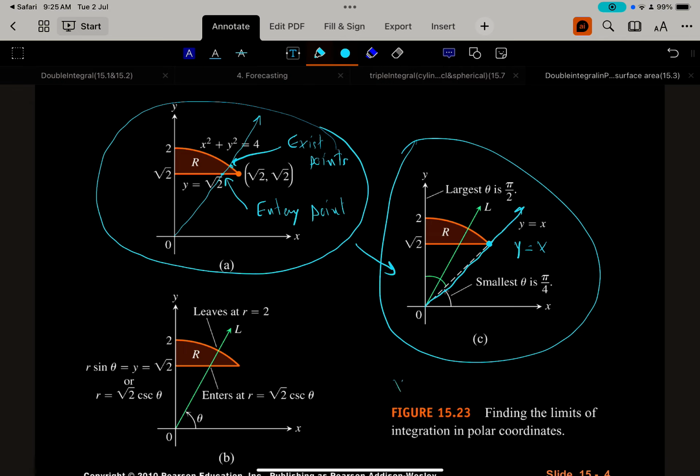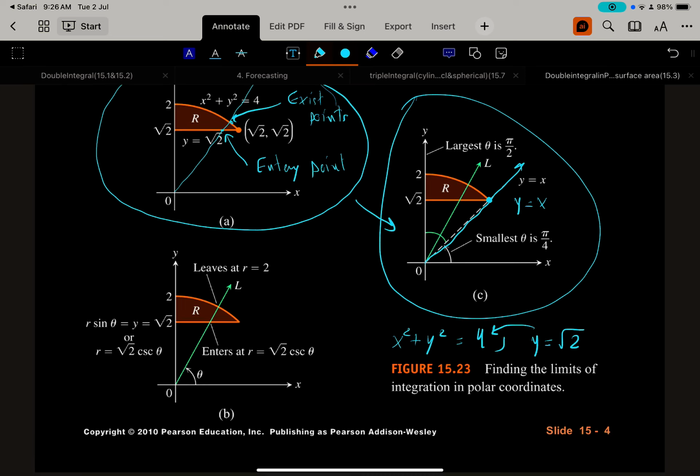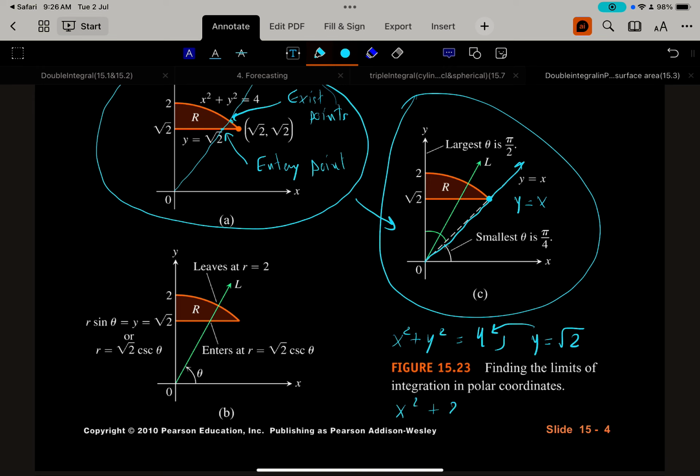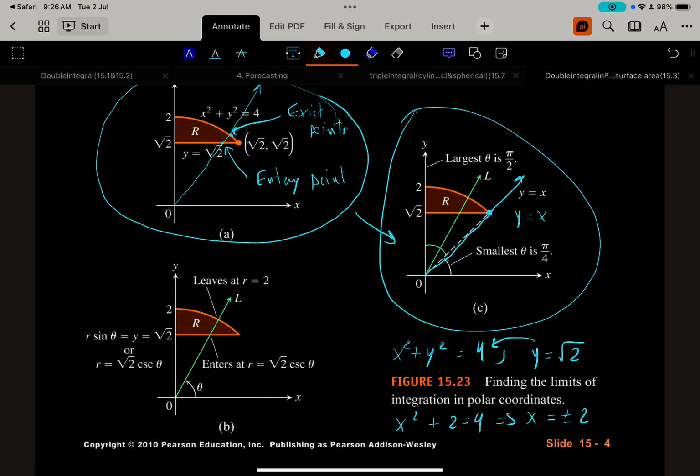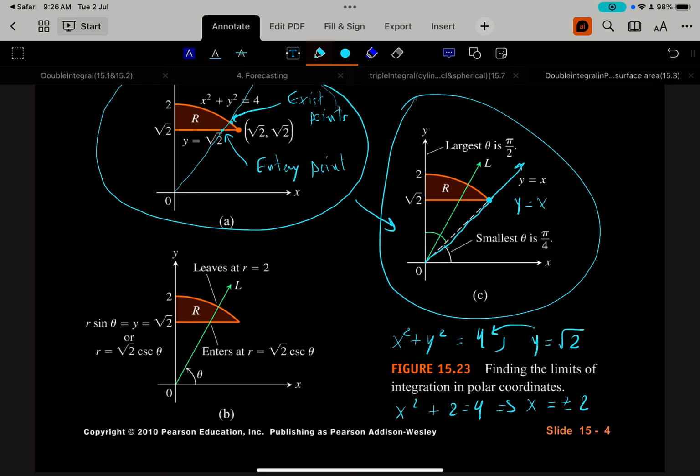If you're not sure why, x squared plus y squared equals 4, and then we do have also y equals root 2, and when we substitute y equals root 2, we're gonna get x squared plus 2 equals 4, so x equals plus minus root 2. So there are 2 intersections, and that's why we get here the point root 2, and that just basically makes sense.